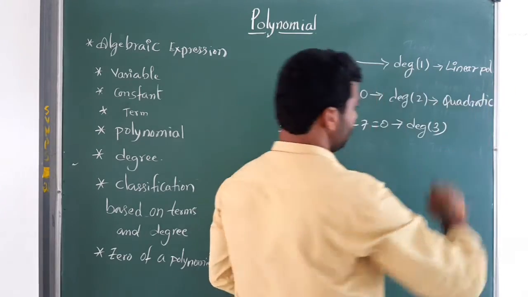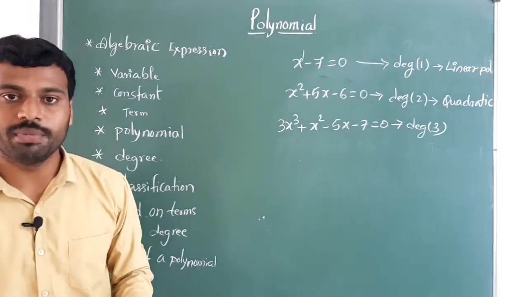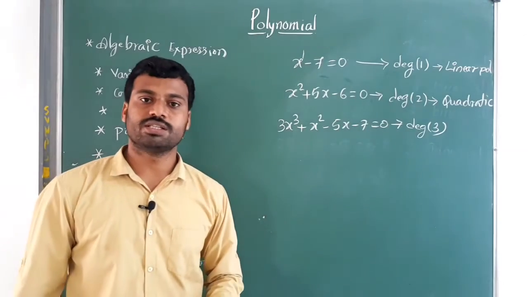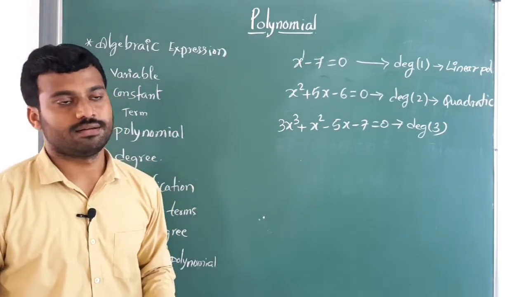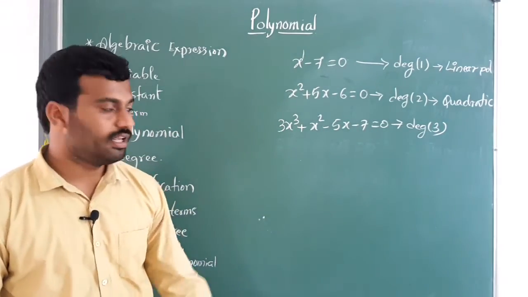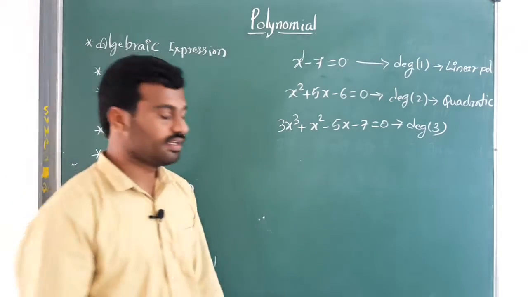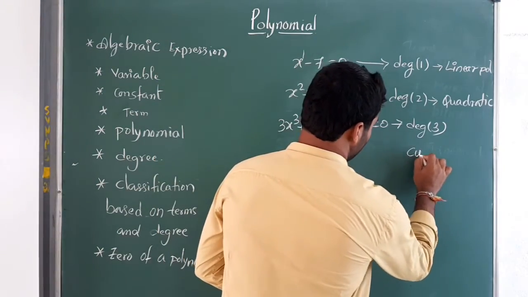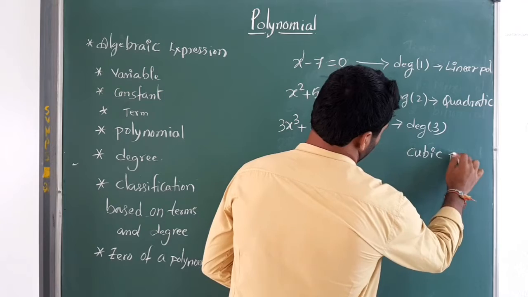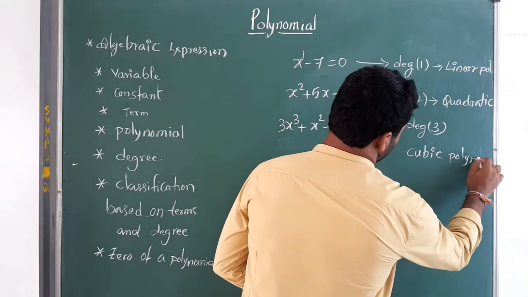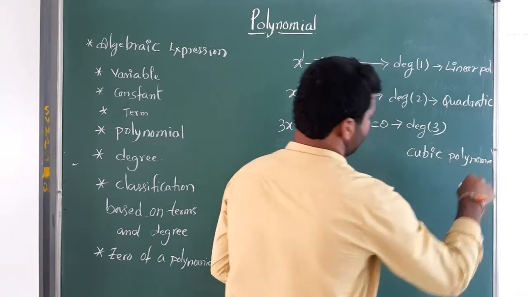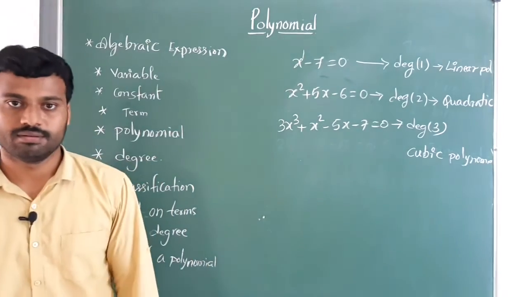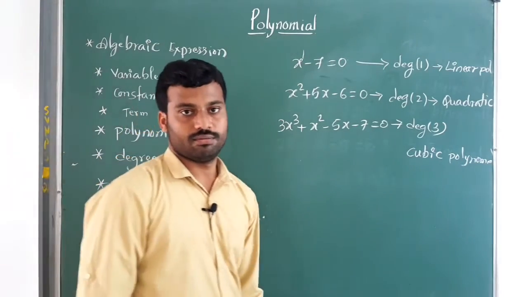Any polynomial of degree 2 is called quadratic. Then you can easily say any polynomial of degree 3 is cubic polynomial. 4, 5 and so on.